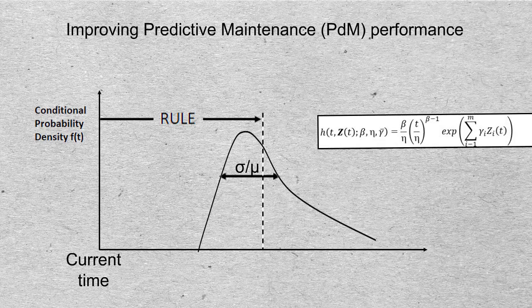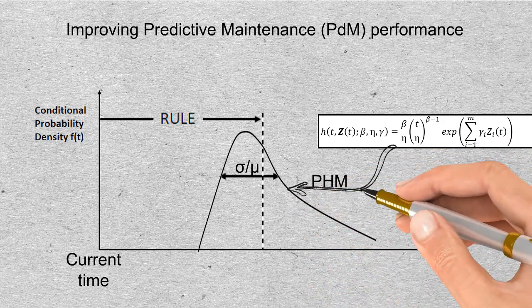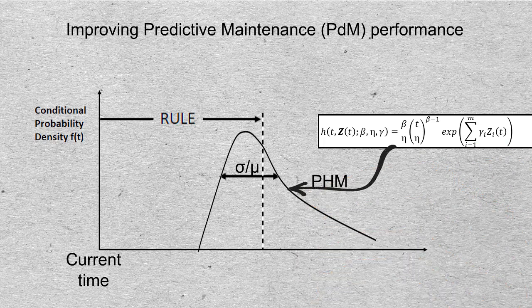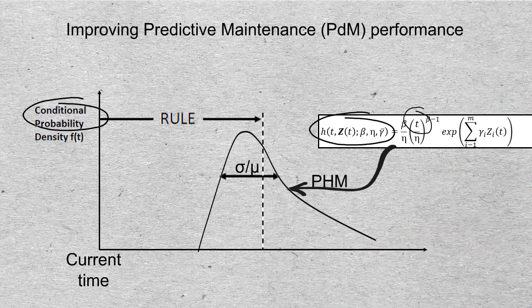The equation for this curve is known as the Cox Proportional Hazard Model, or PHM. It predicts the conditional failure probability, or hazard, in terms of the item's current age t and the current values of the significant condition indicators represented by the vector product of gamma and z.